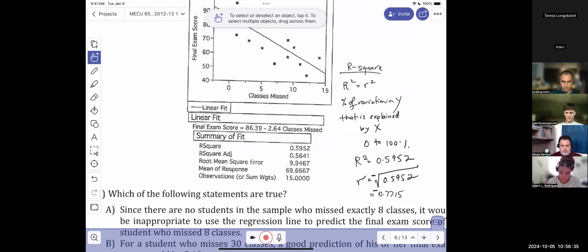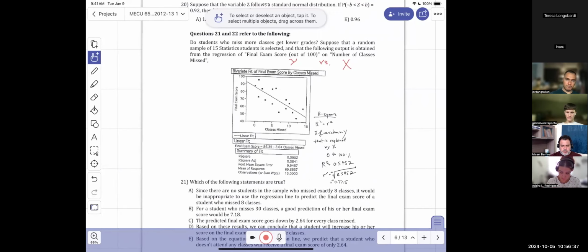You don't have to do that every time, but keep that in mind. Because you're always squaring a decimal value, R squared is always going to be smaller than R.